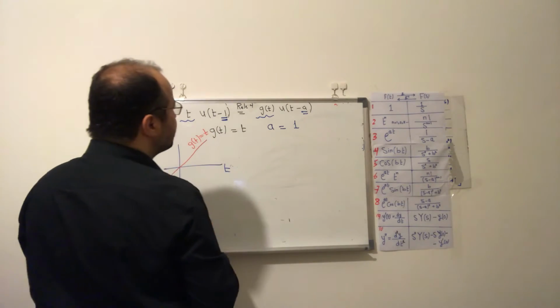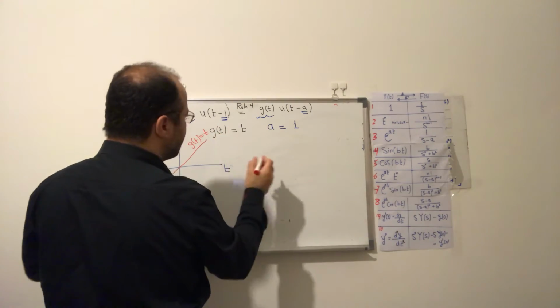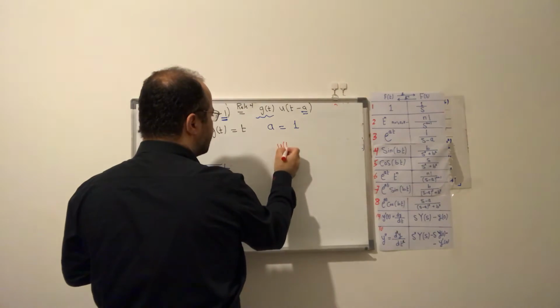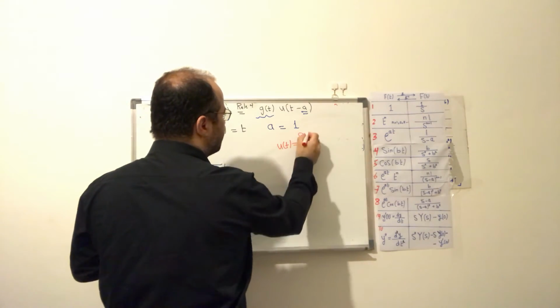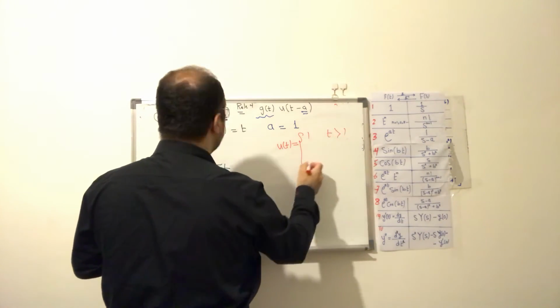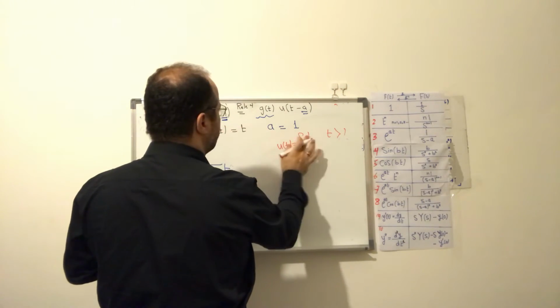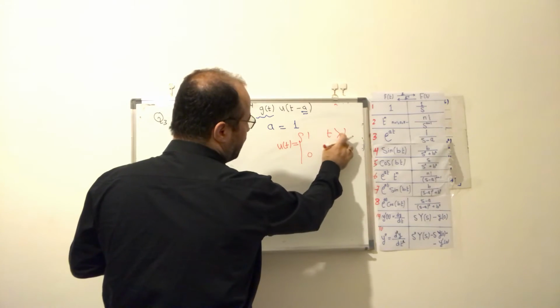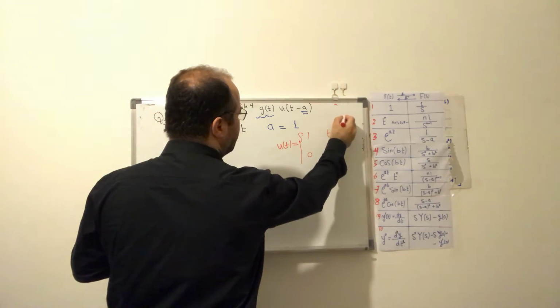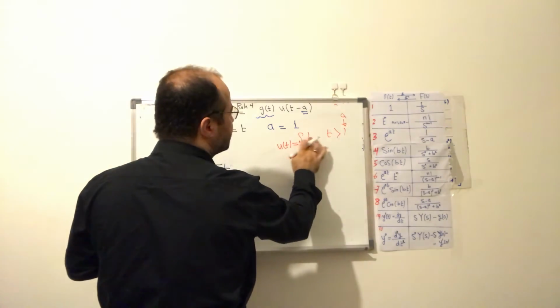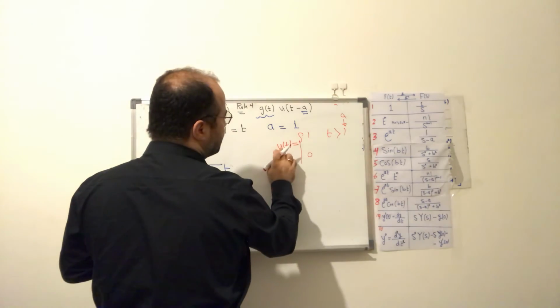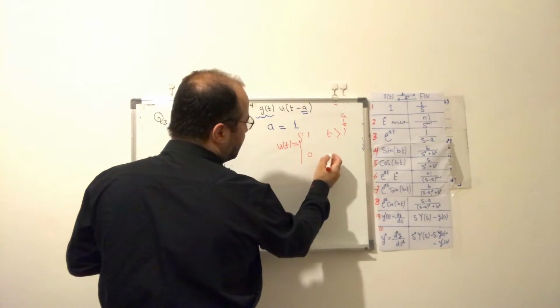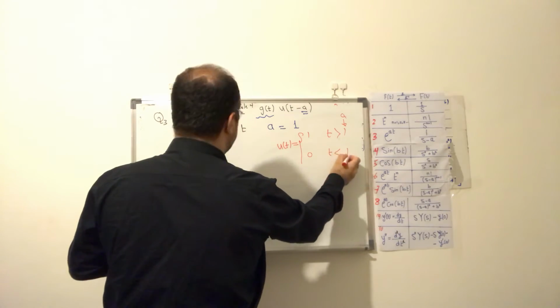Now the Heaviside function: it is 1 when t is bigger than 1, and 0 when t is less than 1. Here a is 1, and because it is a unit function, it is u unit 1.